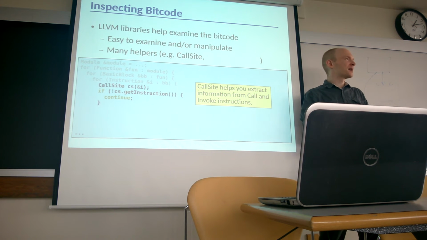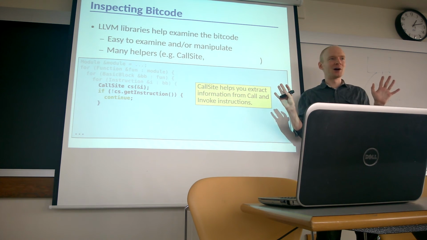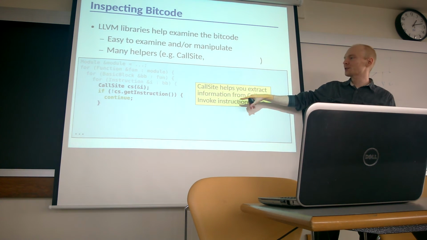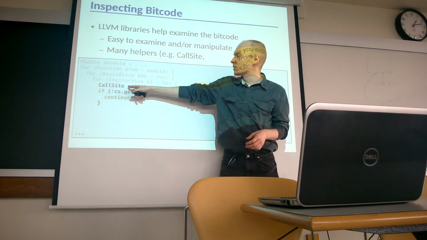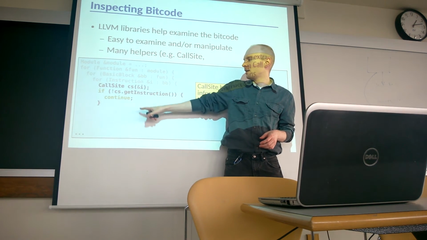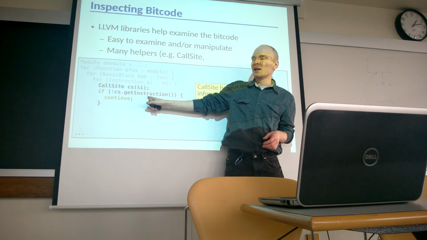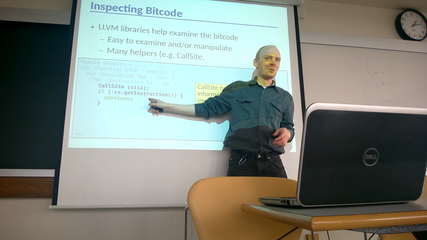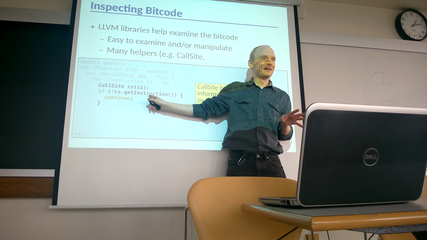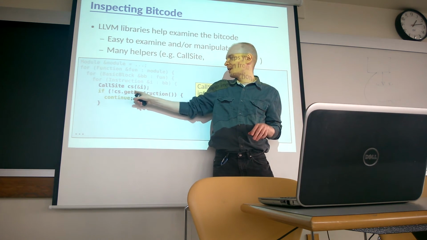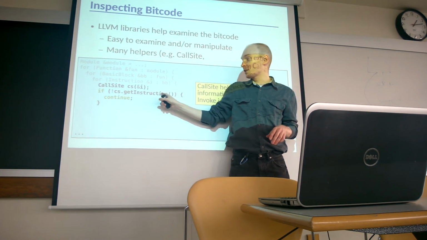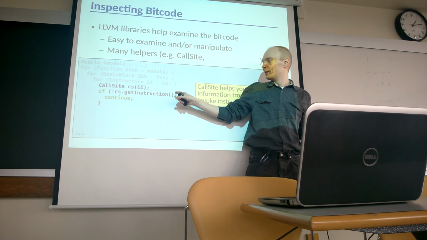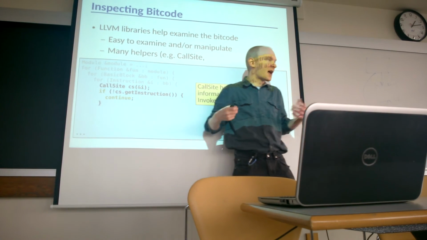For most of our purposes, I say, let's ignore things like C++ and exceptions. Just worry about calls. But to extract call site information, we construct a call site from an instruction, and we invoke cs.getInstruction. This is kind of icky, I agree, but essentially what this does is, if getInstruction is non-null, then CS represents an actual call site.